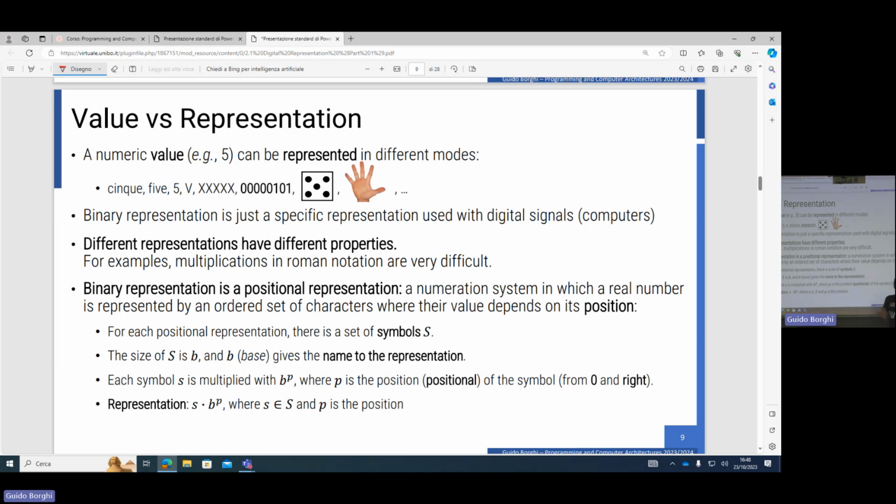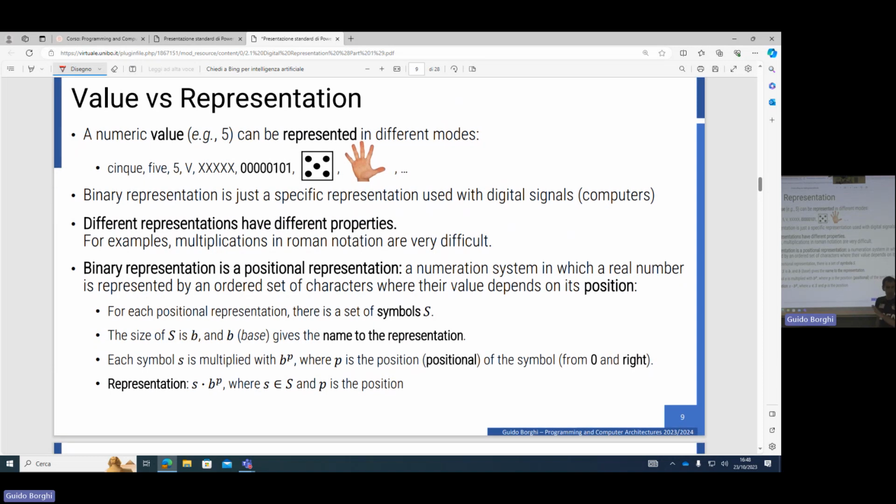What is a positional representation is this equation: symbol, base, and position. With this equation, we can express the decimal positional representation, binary positional representation, and many others that we are going to see together. Question about that?